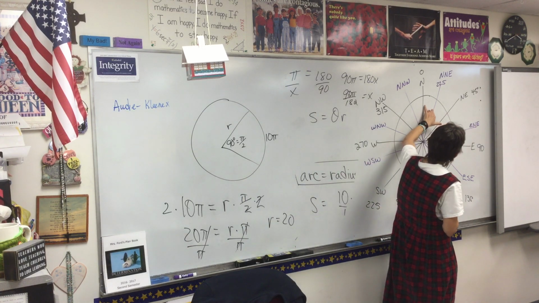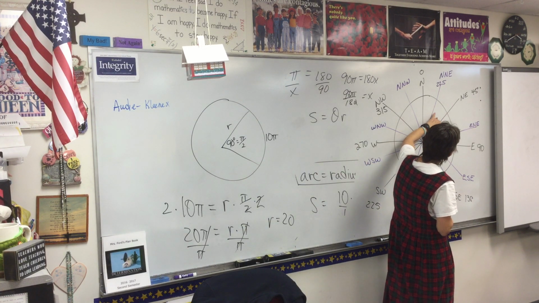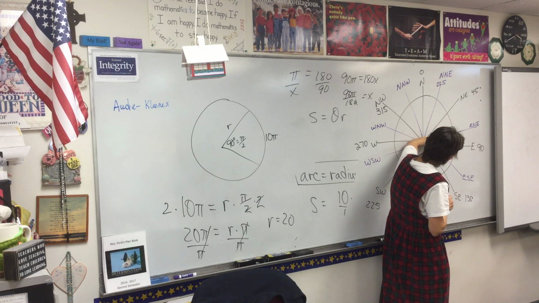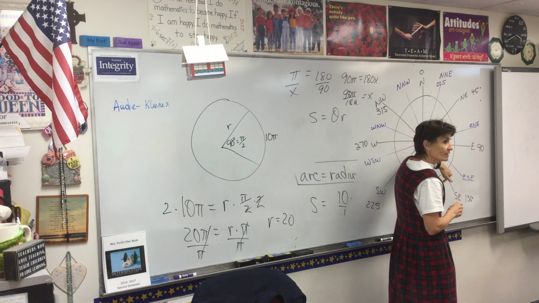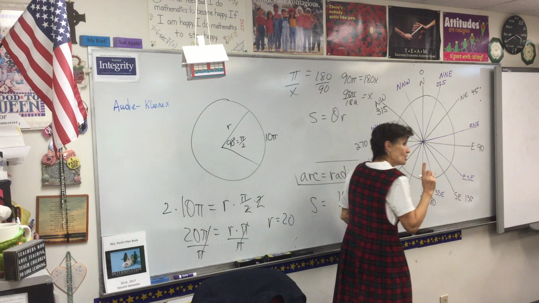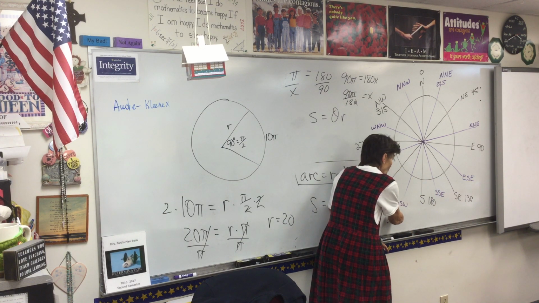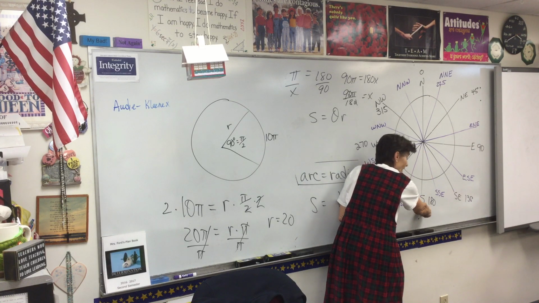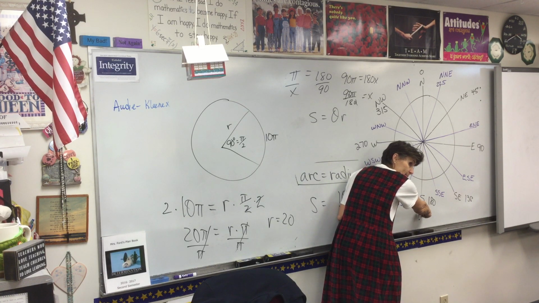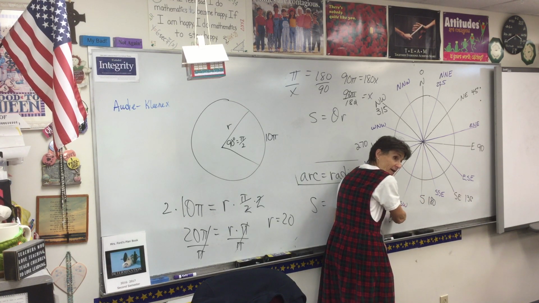What is the distance between every single one of these? 22.5. So if you wanted to know what the angle measure was for this, one way to find it would be to take 180 and add 22.5.